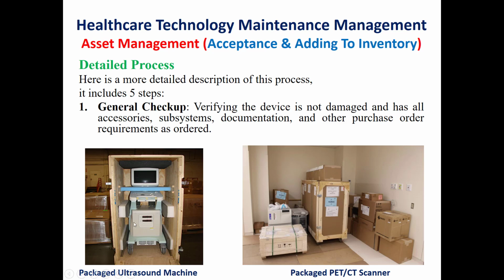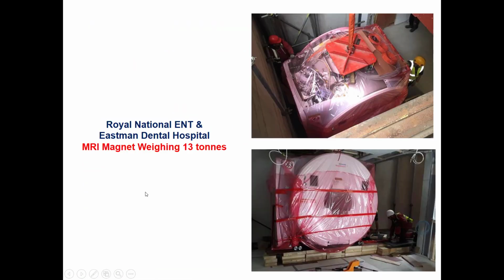As we can see here, the photo for the delivering of an ultrasound machine. Here also a packaged PET and CT scanner. Here also we see the delivery of an MRI machine, the gantry of the MRI machine, which has a weight of 13 tons.